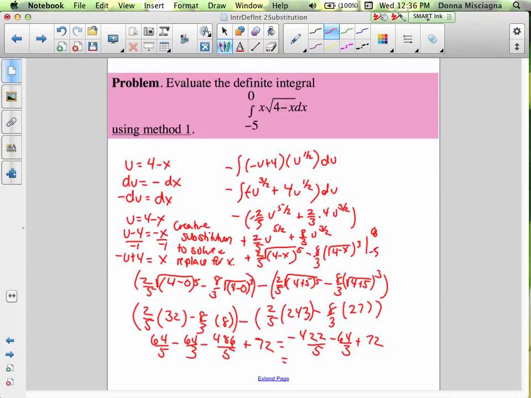It would be negative 1266 fifths minus, and that would be 64 times 5, 320 over 15. And then plus, I don't know what 72 times 15 is. 72 times 15. Yeah, 1,080. And what was your final answer? Negative 506 over 15.